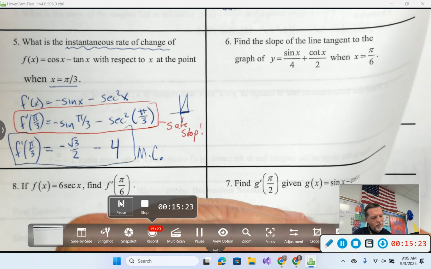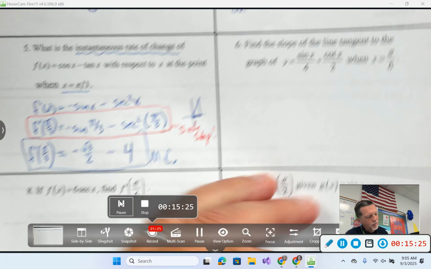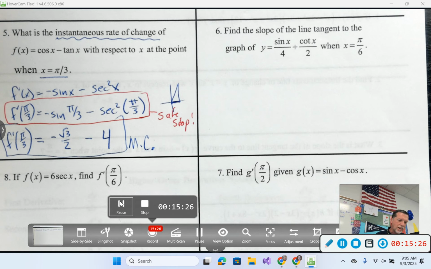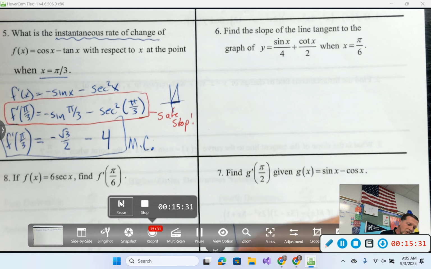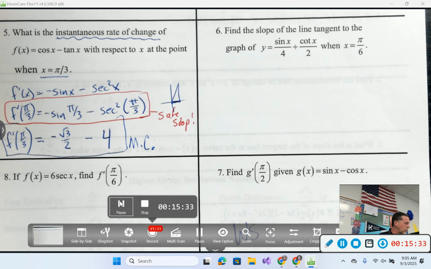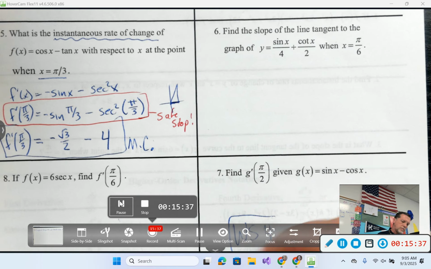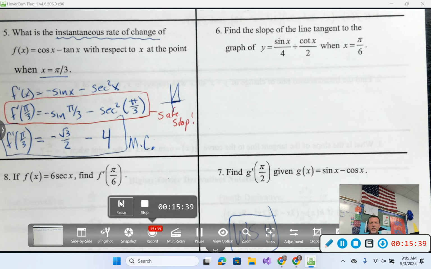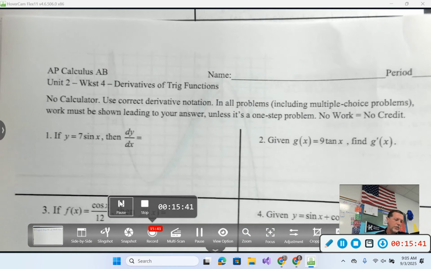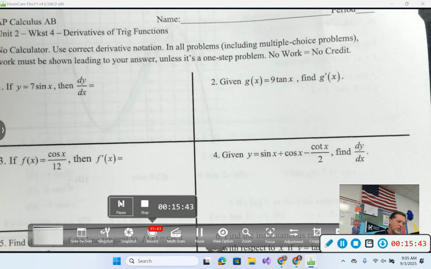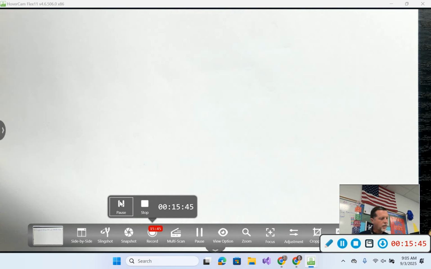All right, the rest of these are just more practice of the same thing. Take a derivative, plug things in. You need to do these just because it's good practice. We're up to worksheet number 4, I think. Let's grab worksheet 4, and with a few minutes left, we'll switch to the stuff that's due.